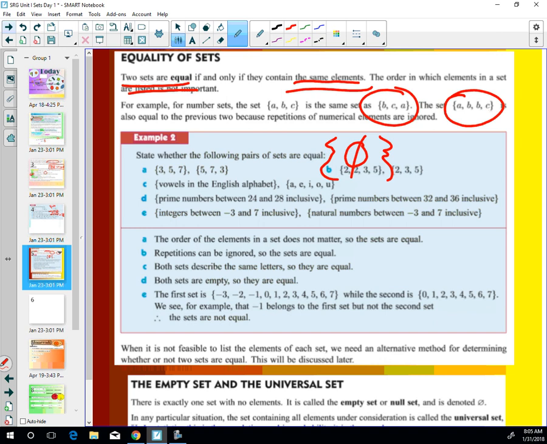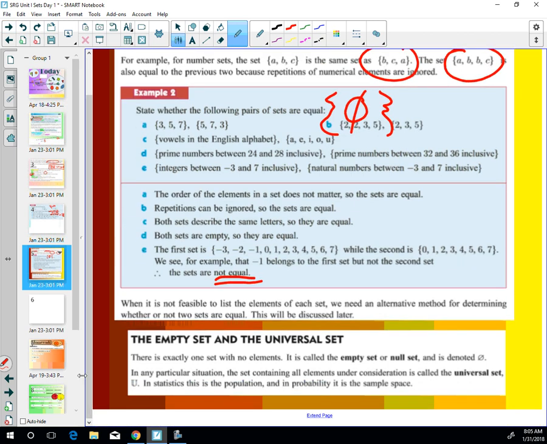Because of the negatives, they are not equal. So here's your empty set idea. There's exactly one set with no elements, the empty or null set. And the universal set is everything.